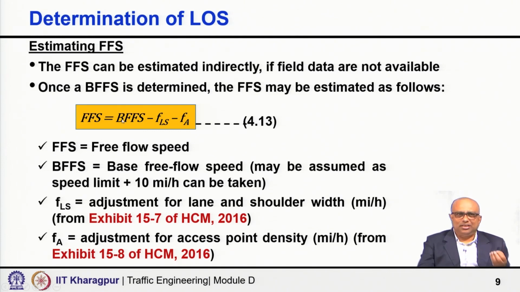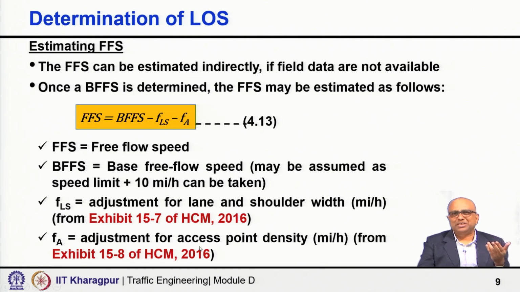So, you take the base free flow speed and apply two corrections here, one with respect to lane and shoulder width, and what would be the correction based on lane and shoulder width? Those values are given in exhibit 15.7 of the Highway Capacity Manual 2016, and the second correction relates to access point density.